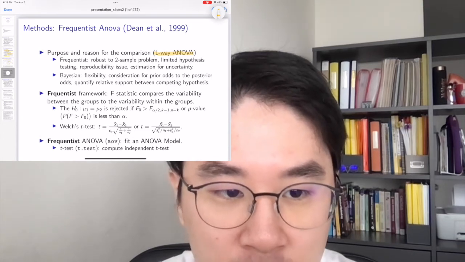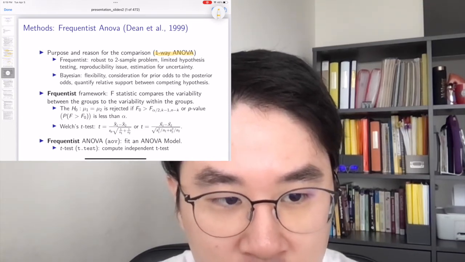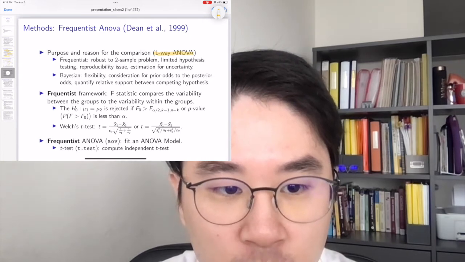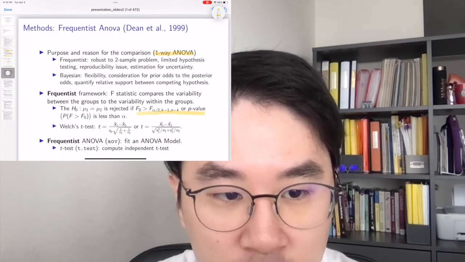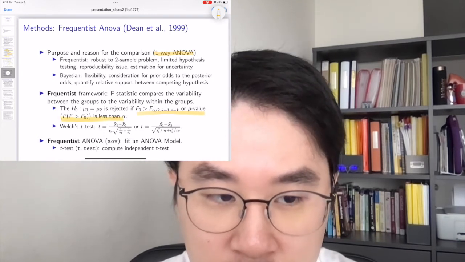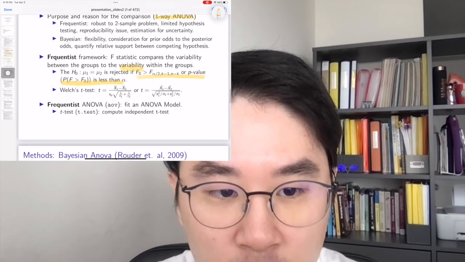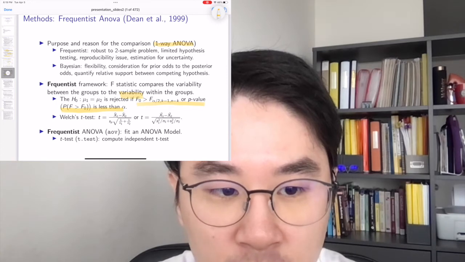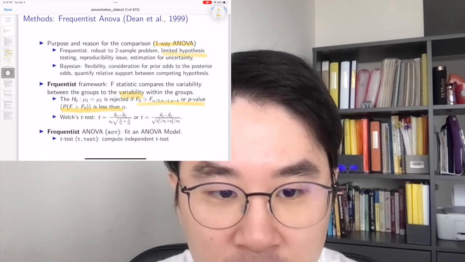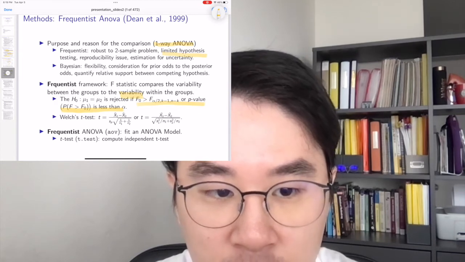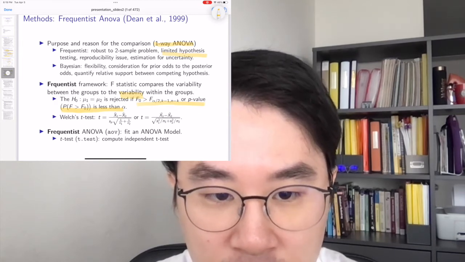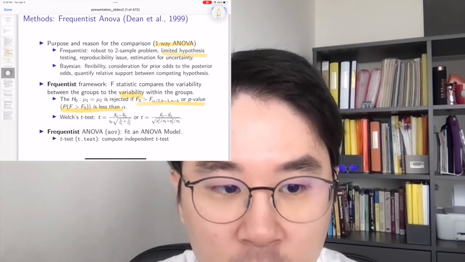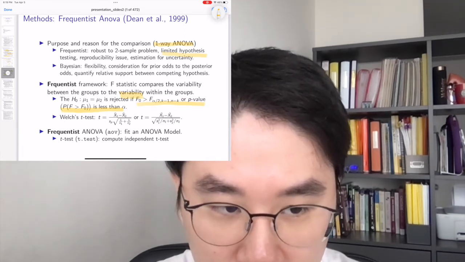When the categorical predictor has no effect, the population variance between the levels equals the population variance within the levels, and the sample ratio of these variances follows the central F distribution. Although frequentist ANOVA is robust to two-sample problems, the assumptions of normality, homogeneity of variance, and independence must be met. The user may then calculate the probability of encountering a sample ratio of variance at least as large as the one observed, which yields a p-value.